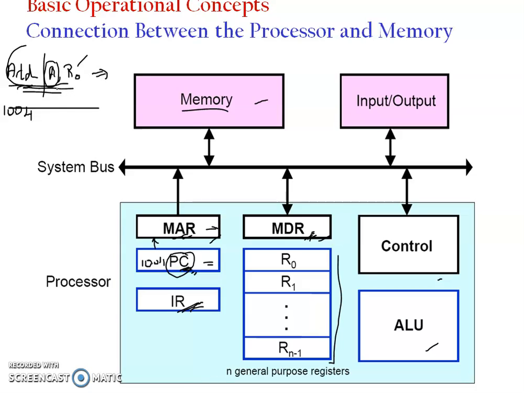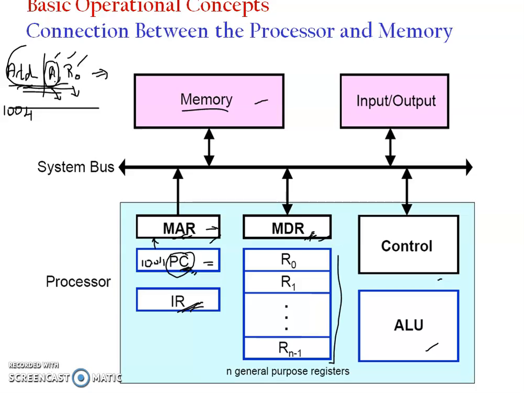Then comes the operand part, which includes two values, A and R0. From this, the processor understands that A is a memory location and R0 is a register within the processor. So first the value at this memory location needs to be fetched from the memory.